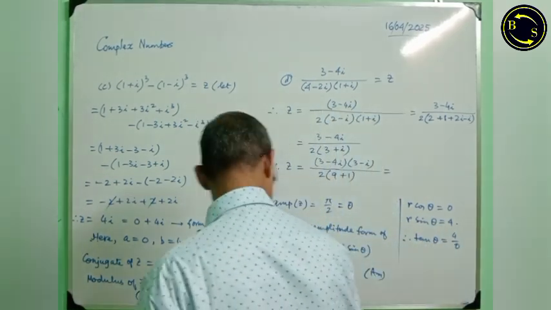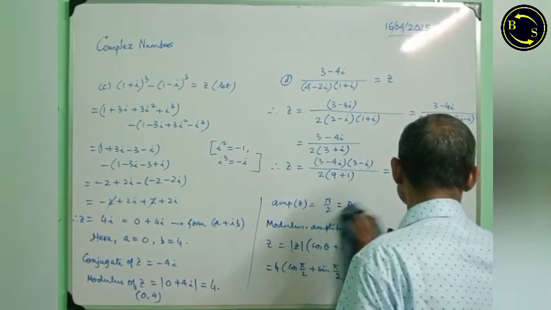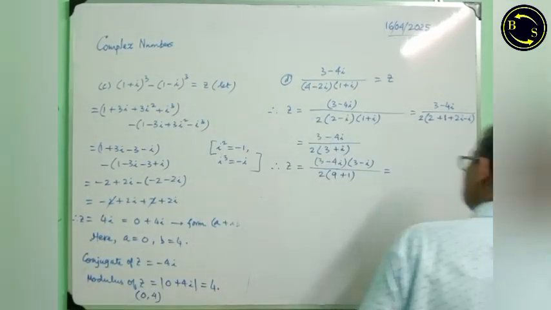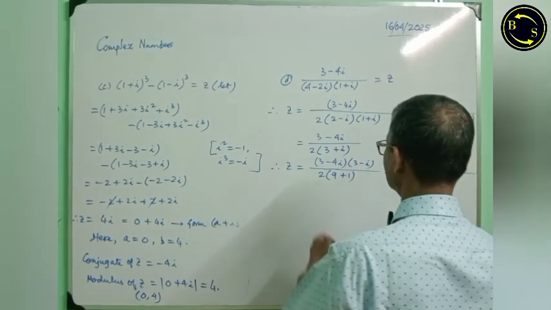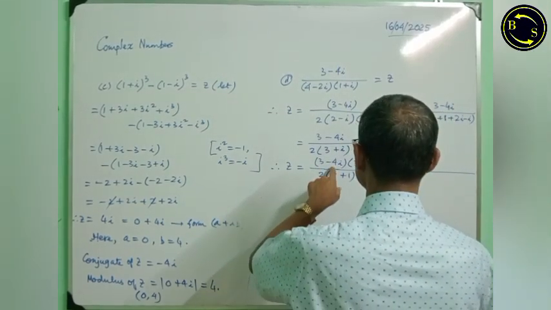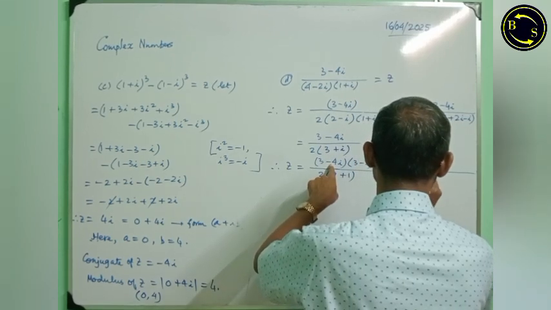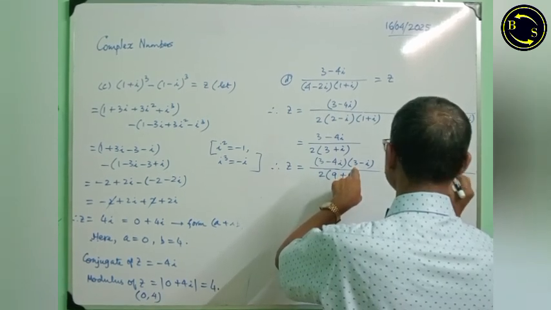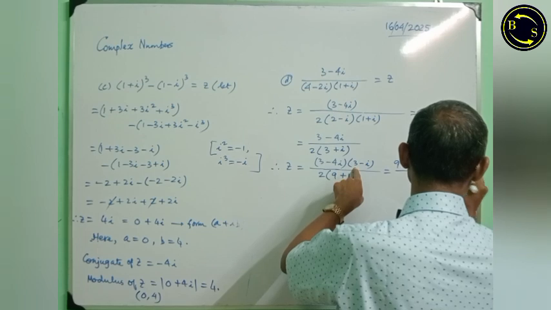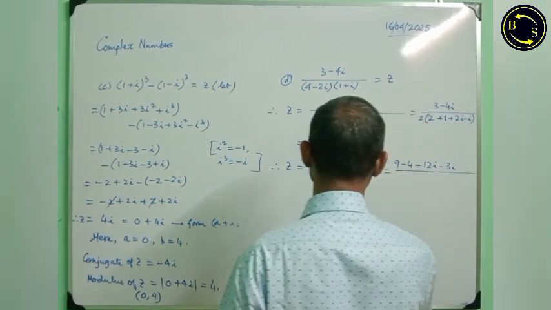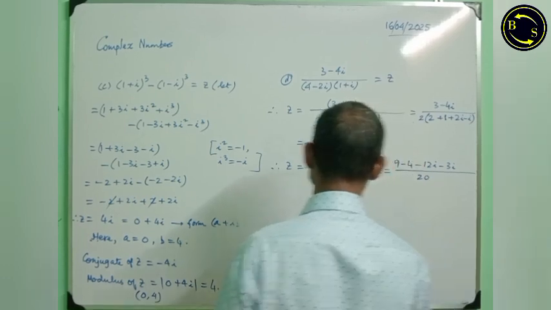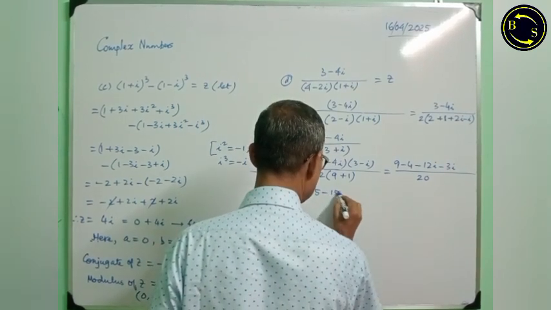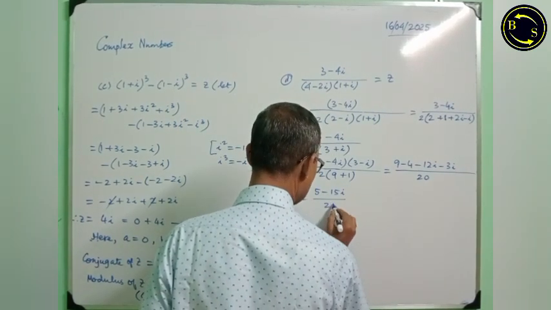Now we multiply: 9 plus 4i square, minus 4, then minus 12i minus 3i, divided by 10 into 2, 20. That is equal to 5 minus 15i by 20.